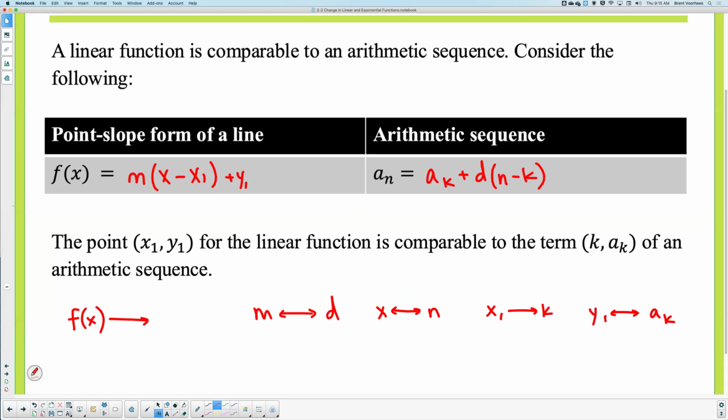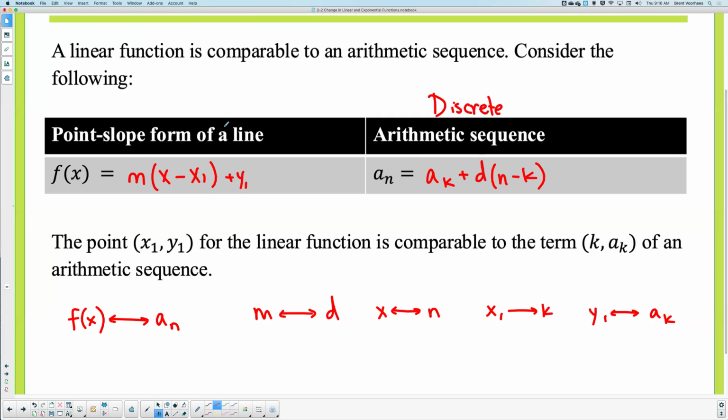And here's the point: linear functions and arithmetic sequences are mathematically equal to each other except for this one fact. And this is what you need to add to your notes. An arithmetic sequence is going to be discrete data. I'm about to tell you what that means.